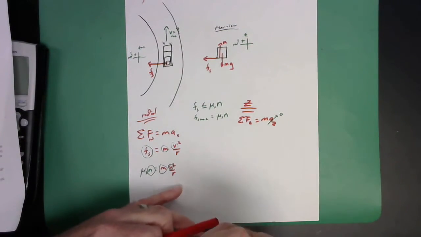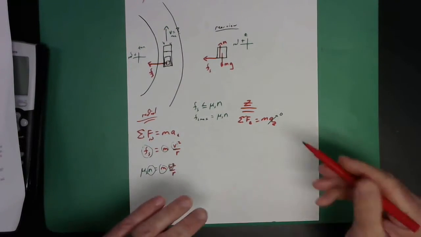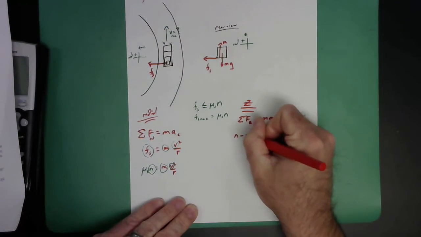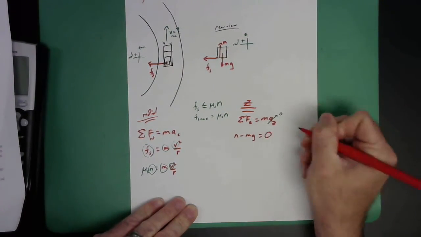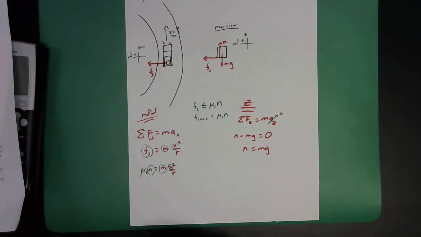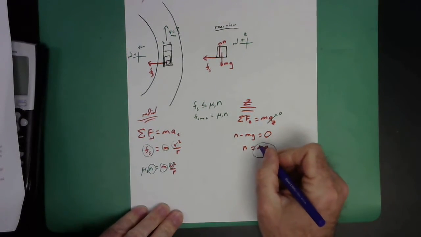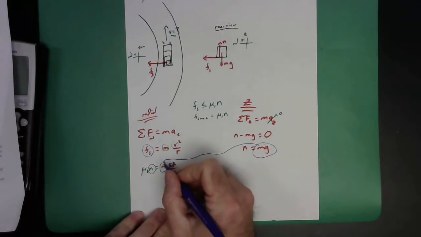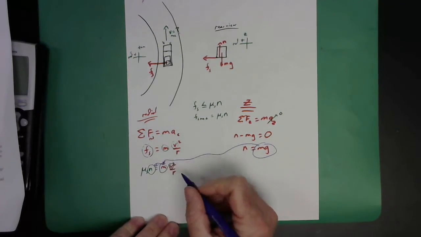Anyway, moving onward. So when I do my forces from the diagram, it's going to be N minus mg is 0, right? And so look, N is just equal to mg. And I can take that and substitute it in for N on this side.